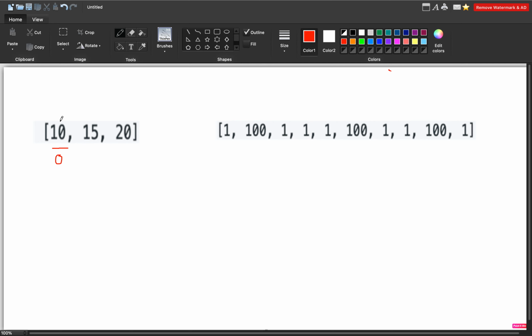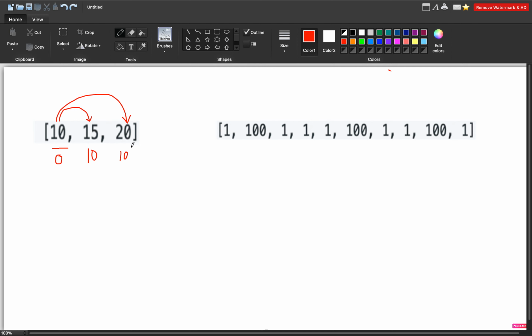Now if you have to jump to 15, you take one step, and now you have to collect 10, so 10 will be added to your cost. Basically to reach 15 from 10, you have to pay a cost of 10. Similarly, you have an option to jump to 20 also. Here also you have to pay a cost of 10.